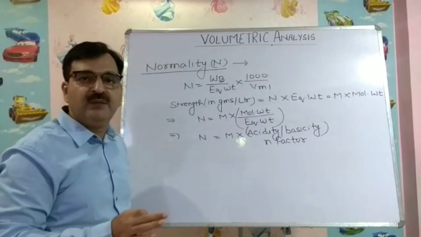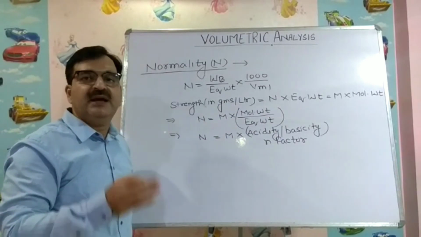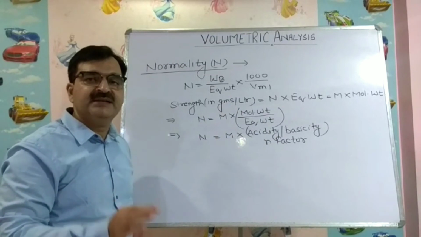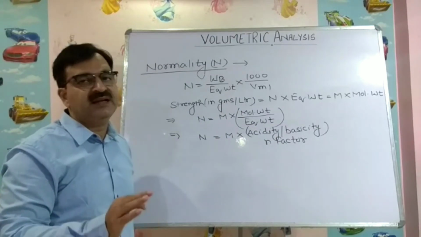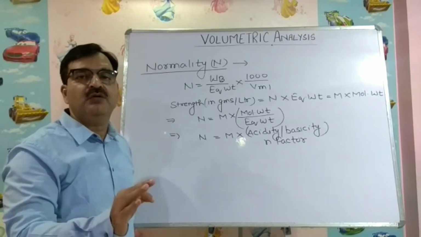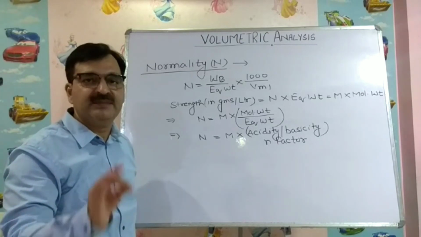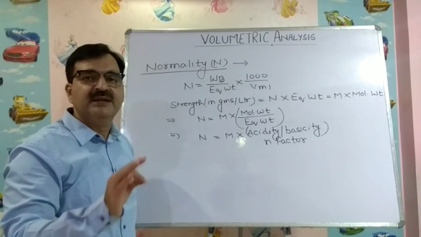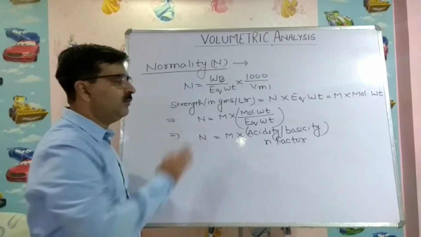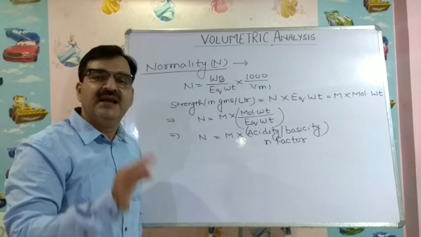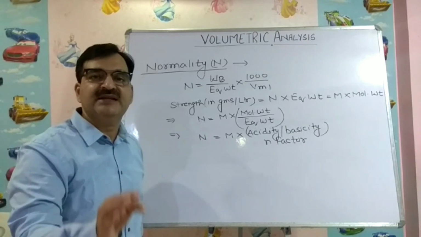Equivalent weight of an atom is atomic mass divided by valency, whereas equivalent weight of an acid is given by molecular mass of acid divided by basicity or number of replaceable hydrogen atoms. Similarly, equivalent weight of base is molecular weight of base divided by acidity or number of replaceable hydroxyl groups.